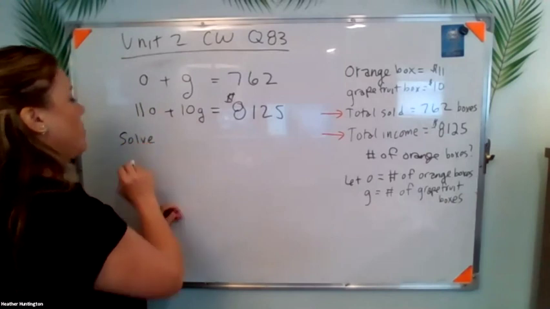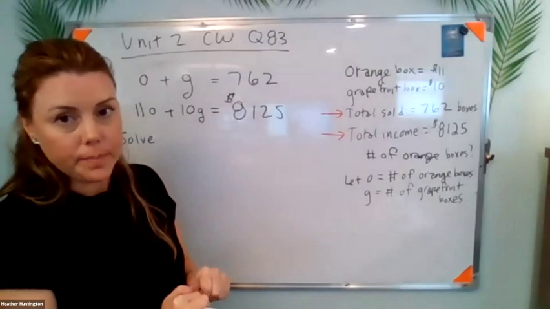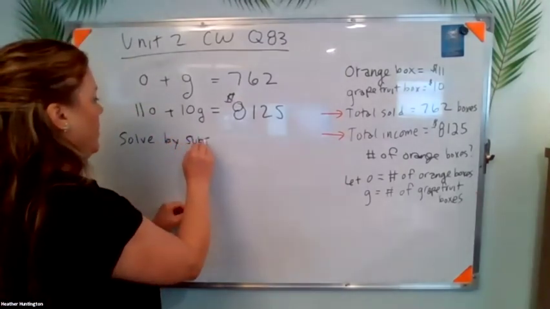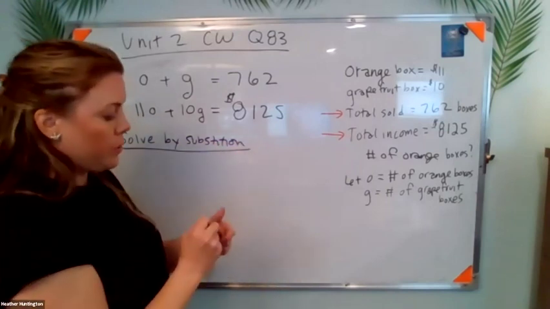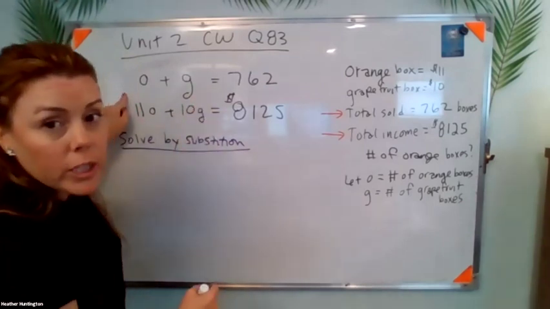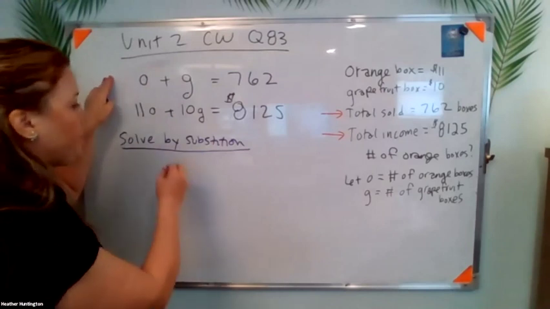For the sake of time, I'm going to choose to solve it by the substitution method. You can use any other method though, it just will take a little more time. And I like this equation up here. There's coefficients of 1 for both.